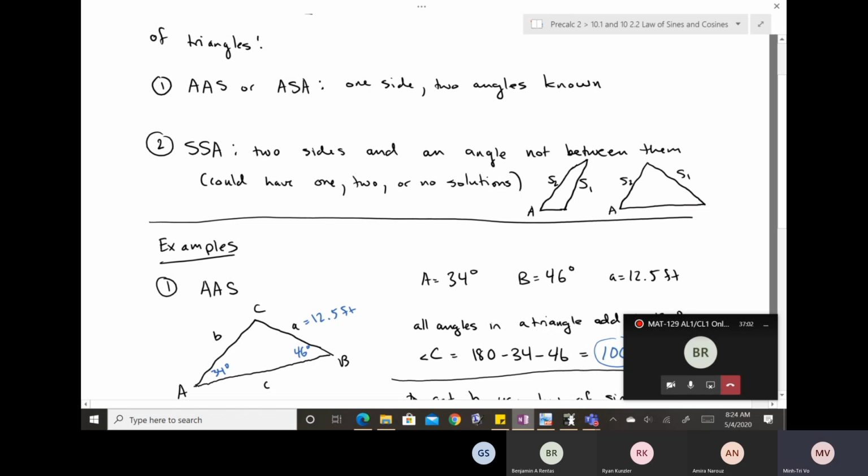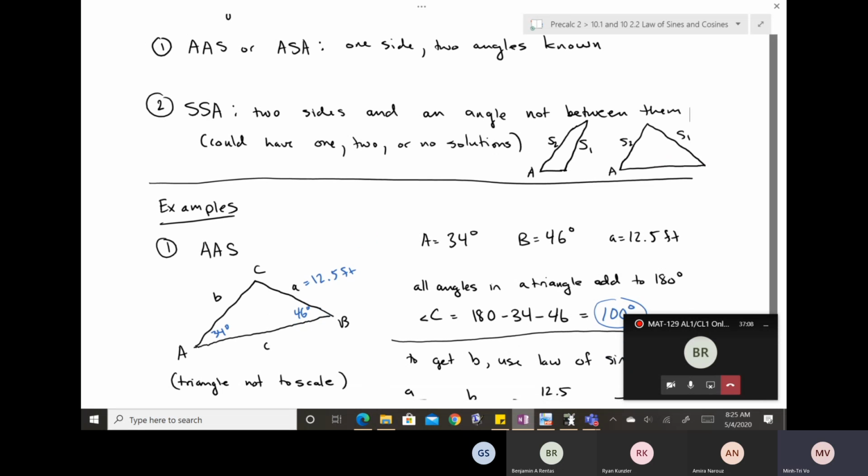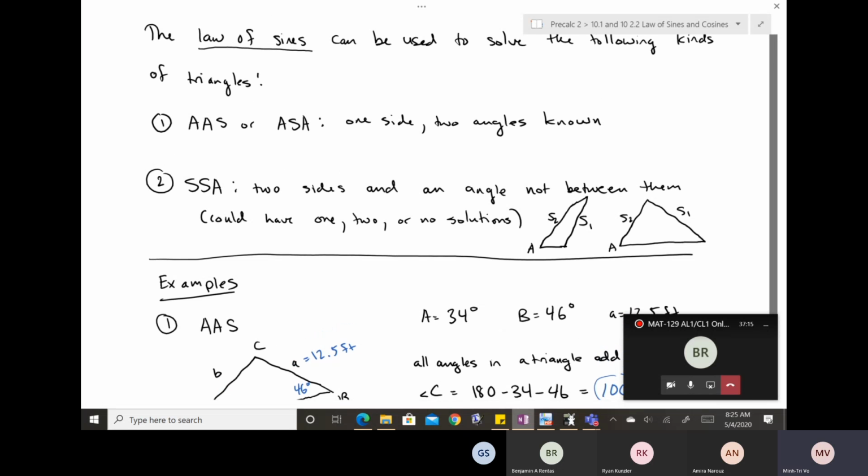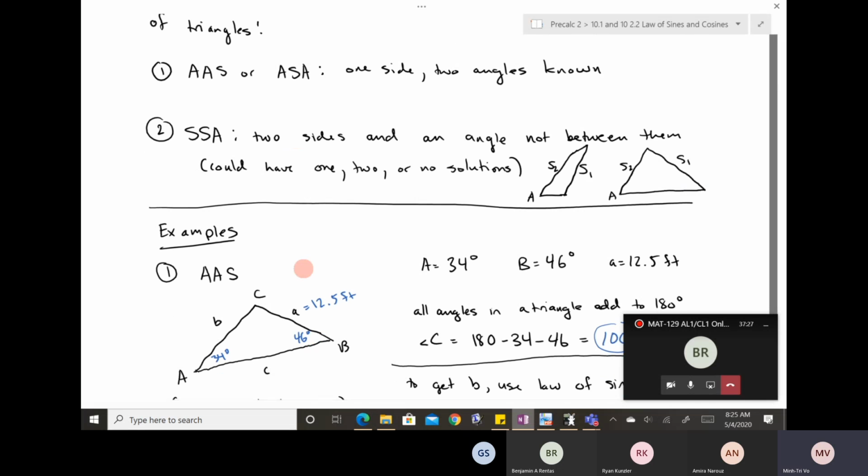Basically, the reason this happens is, if you remember from geometry, there are different situations where you have congruent triangles. For an ASA triangle, if you have two triangles where you know one side and two angles, then the two triangles have to be congruent.